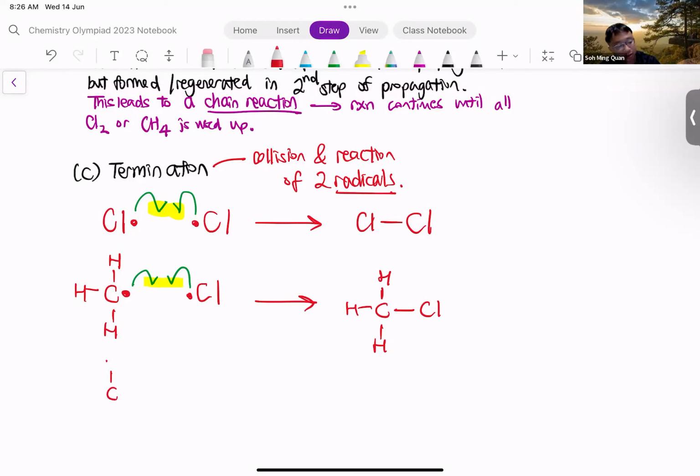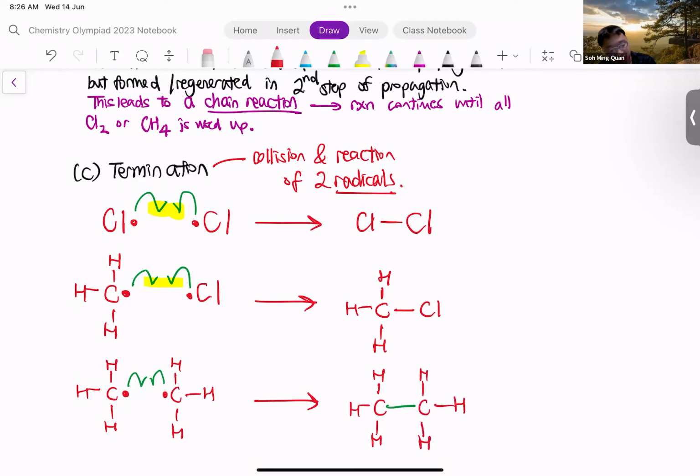Finally, another less common product. What is stopping two CH3 radicals from coming together? They are reactive, they can come together. So what is formed? If two CH3 come together, they form C2H6. So the new covalent bond formed is this.